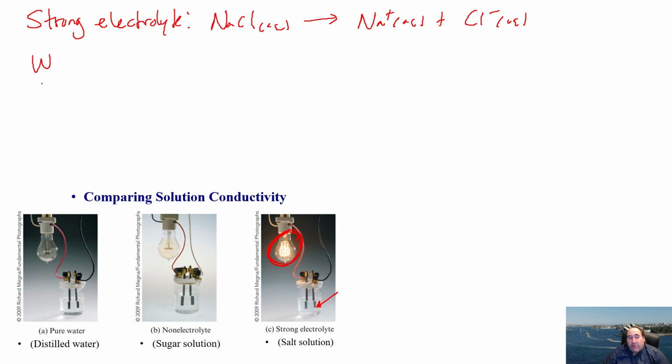There's also weak electrolytes. And weak electrolytes, unlike strong electrolytes, actually will stay together pretty much in solution.